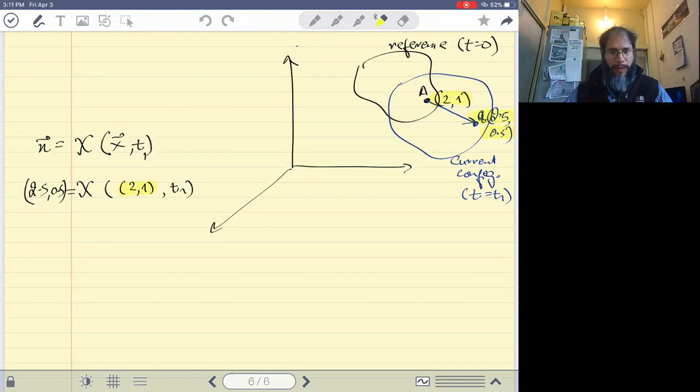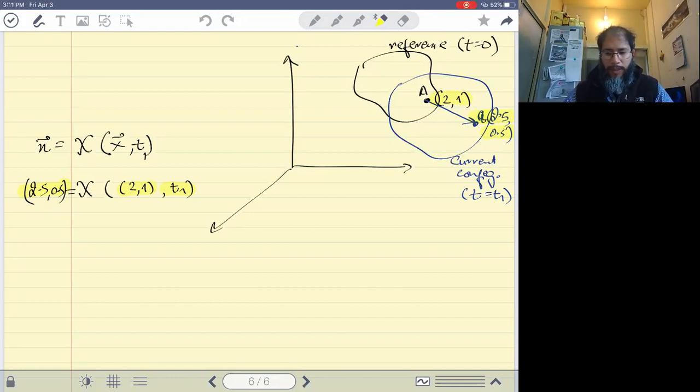So in my kappa function, when I supply the reference coordinates of the point, which is 2, 1, and the time at which my current configuration is existing, then I will get the current coordinates of the point, which is 2.5 comma 0.5.